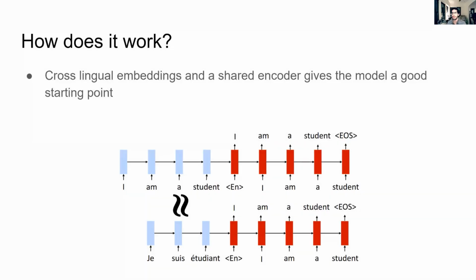The reasoning behind how they work is that the cross-lingual embeddings and a shared encoder give the model a good starting point. So if you are encoding this English sentence, I am a student, and this French sentence, which means the same, using the same encoder in which the embeddings are also shared, the hope would be that the encodings these two sentences generate would be approximately the same, because everything else is the same. The encoder is the same, the embeddings are the same.